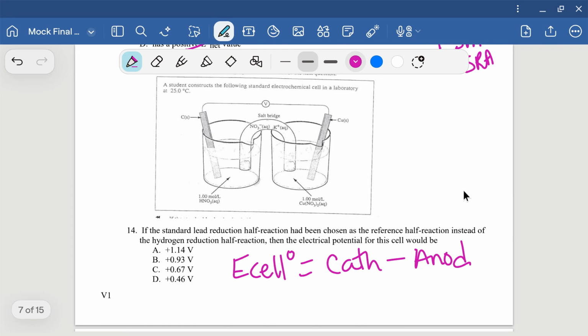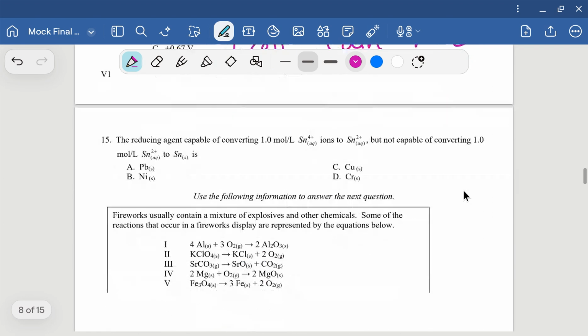So just use the formula, figure out your anode, figure out your cathode. So we'd see that you're taking a look at what's reacting, that the cell over here is going to be your cathode and this side is your anode. So when you look up those values, you will have your 0.80 minus your 0.34, and your answer is D. So you would just look it up, figure out your anode, cathode, and then fill it in.